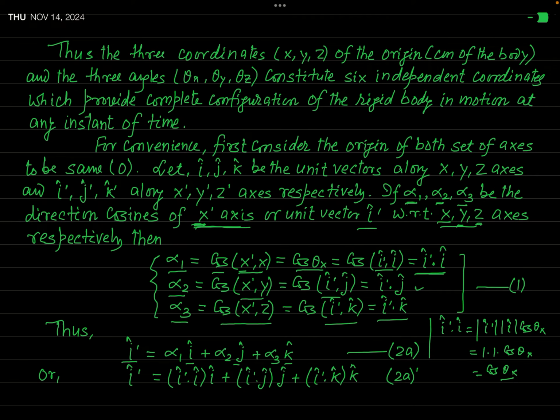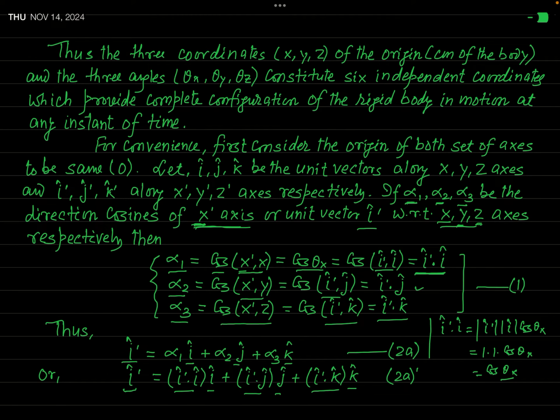As you can see, instead of alpha 1 we can also write I dash dot I. So this may be written as I dash dot I times I plus I dash dot j times j plus I dash dot k times k. In this way we have expressed the unit vector I dashed in terms of i, j, k, and in this way we know the orientation of I dashed vector, or the x dashed axis.